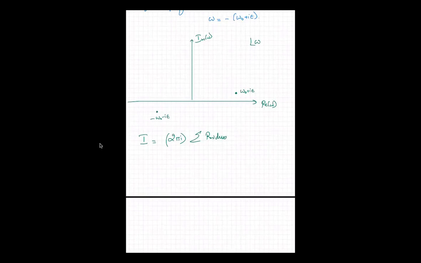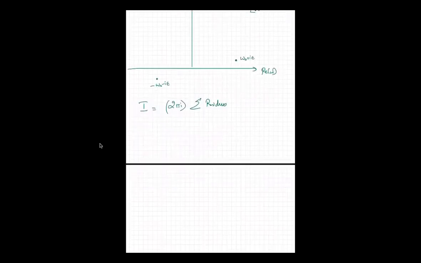But enclosing it in the negative part of the complex plane is actually problematic for this integration. Why? Because remember that I made omega complex by hand, right? So omega, which was initially a real quantity, now has a real part plus an imaginary part.